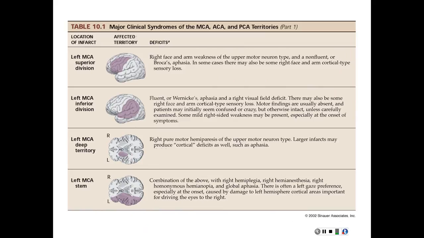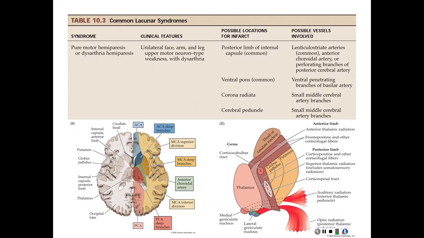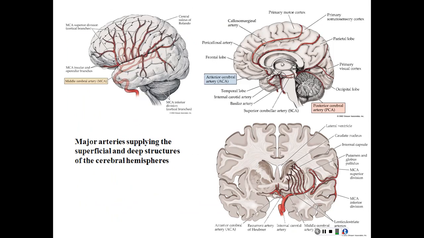So I give you these only for the fact that I'd like for you to look at them, and there's no expectation on my part that I'm going to ask you very specific questions about these very deep, very specific vascular territories. But you get a general idea that the middle cerebral artery is a major supplier of blood with its superficial superior and superficial inferior branches to the frontal, parietal, and temporal lobe.